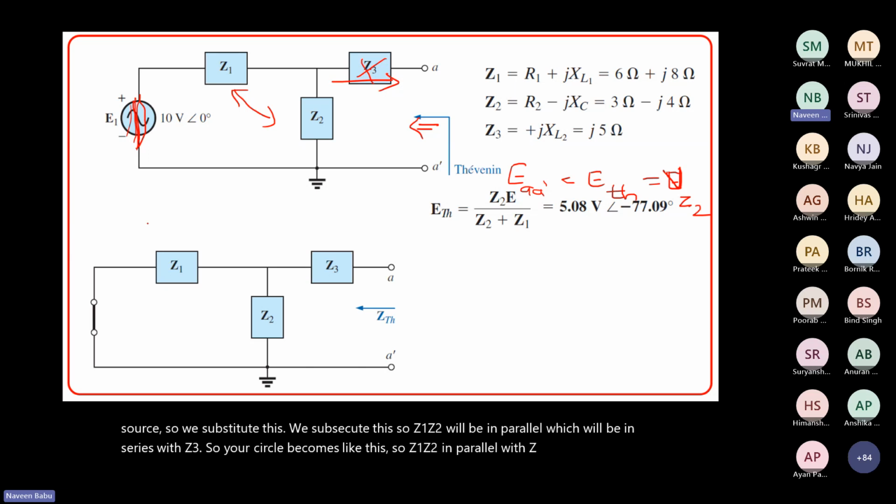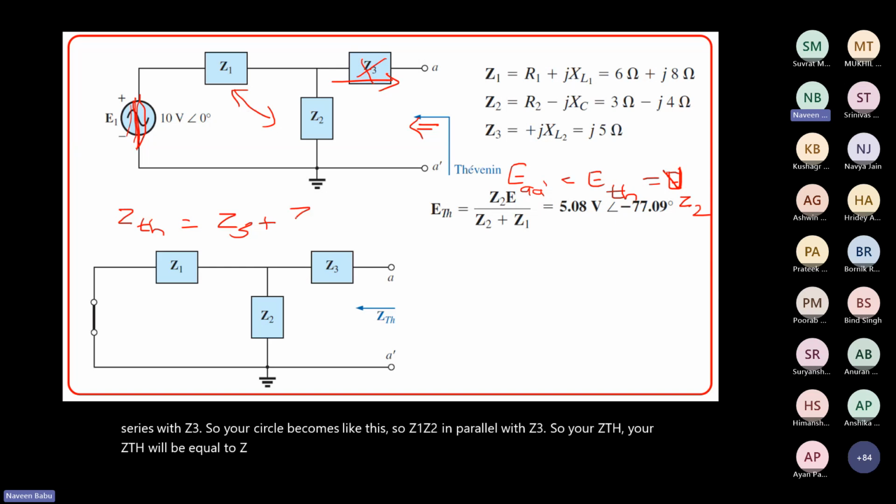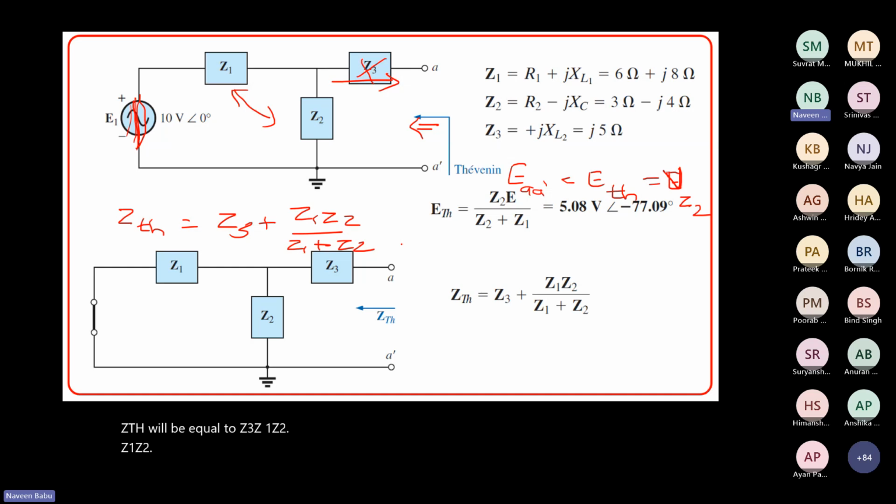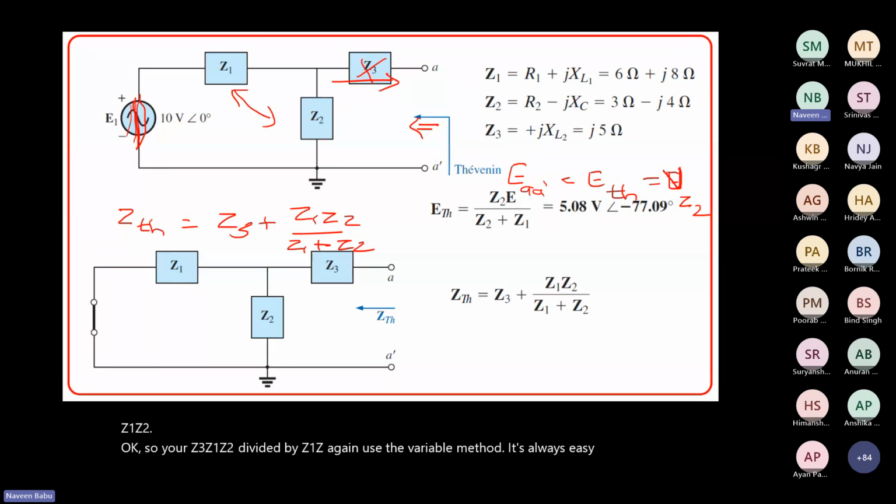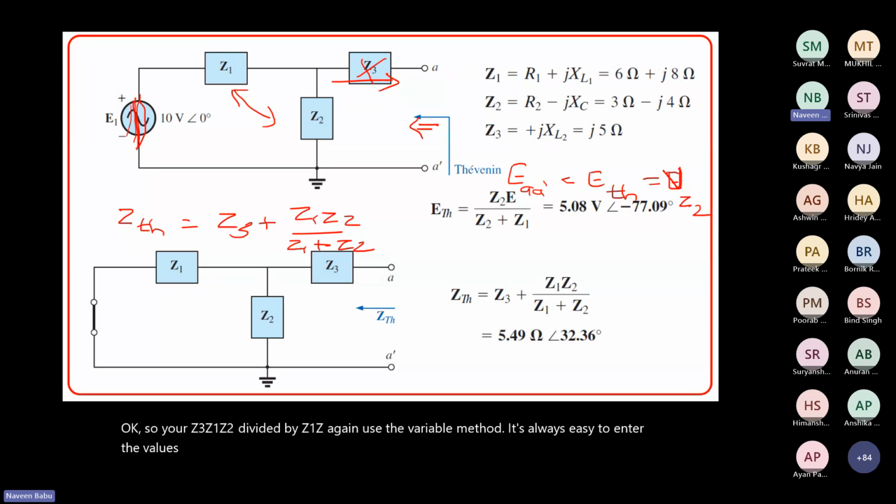So your ZTH will be equal to Z3 plus Z1 Z2 divided by Z1 plus Z2. Again, use the variable method, it's always easy to enter the values, which is equal to 5.49 angle 32.36.